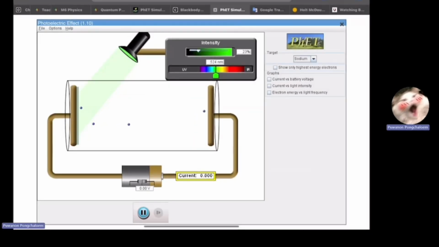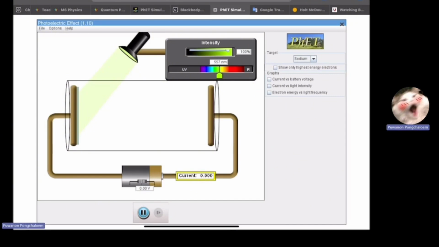So now let's use the simulation to see this in action. First, we'll set the frequency below the threshold. You can see there are no electrons ejected even if we increase the intensity, maybe to 100. Yeah, there's no electron ejected.